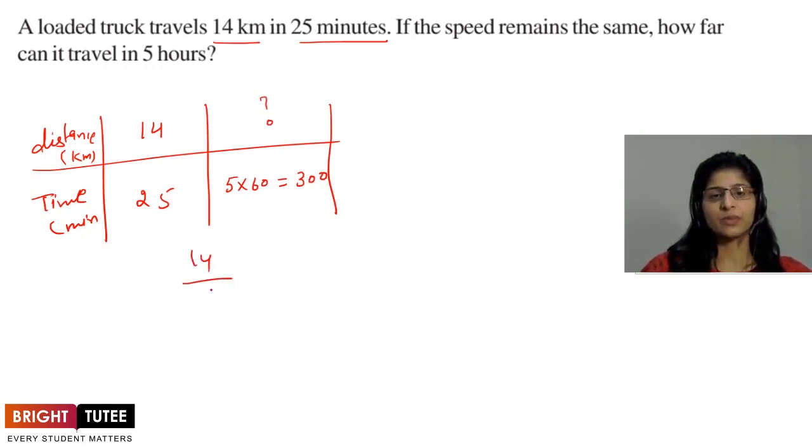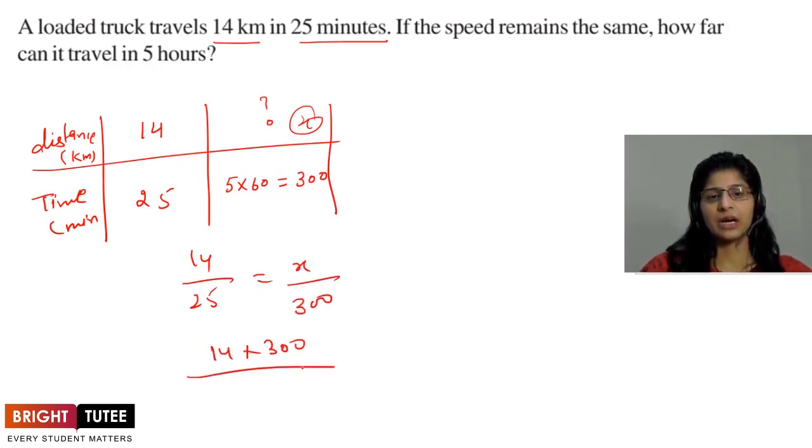So 14 upon 25, let us consider this as x. So x upon 300. 14 into 300 upon 25. This will give us x. So how to solve it now? Just see. 25 ones are 25, 25 twos are 50.